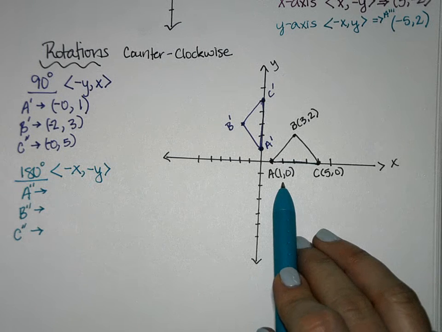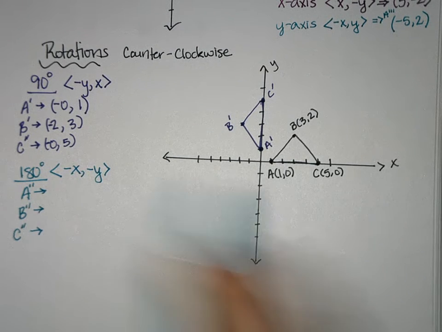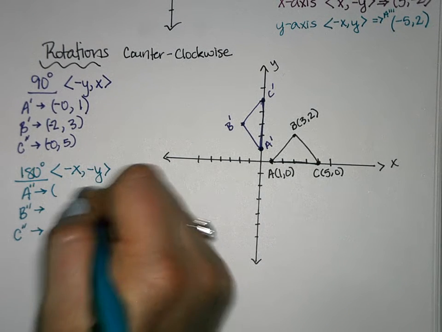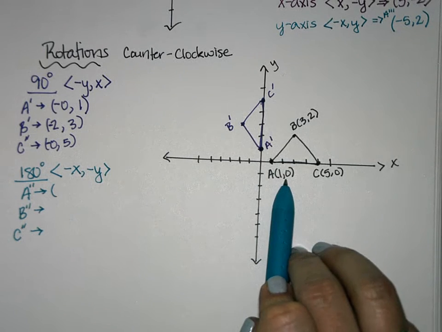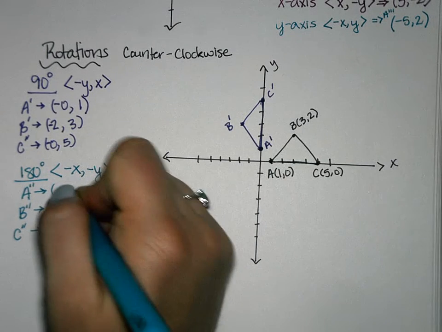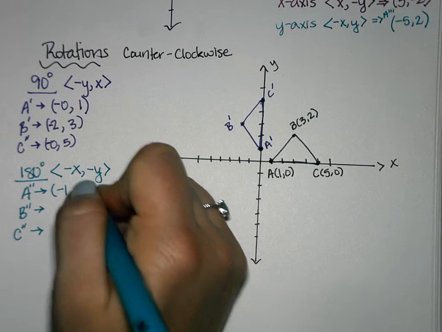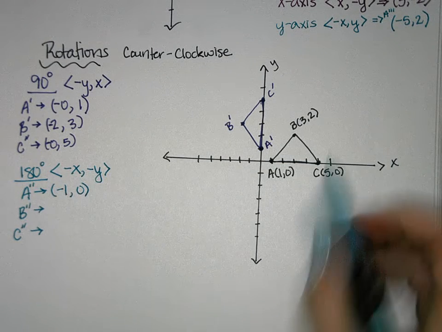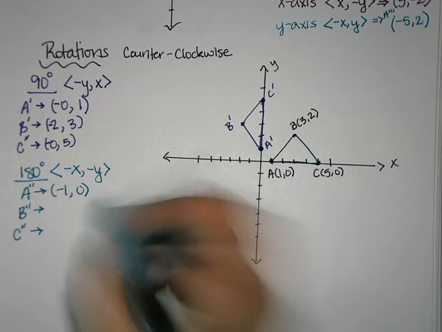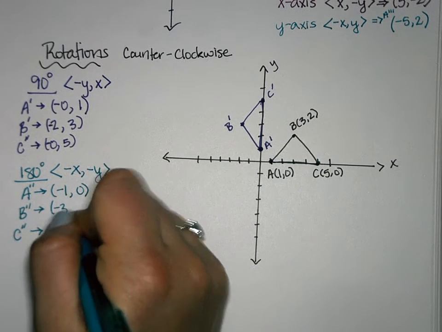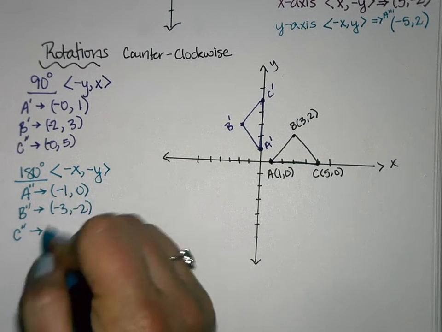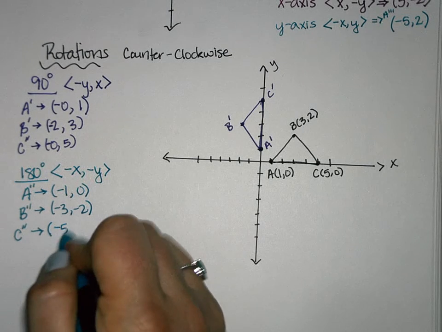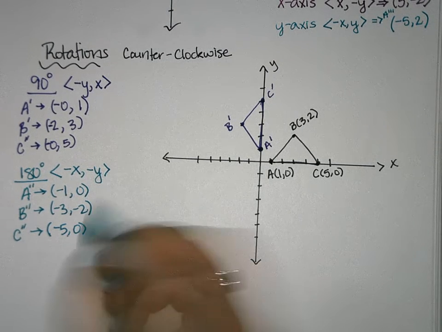If we were to take the opposite of both of those, what would we have? Negative 1, negative 0. But since there's no such thing, I can just write 0. What about B? Negative 3, negative 2. And C? Negative 5, 0, because there's no such thing as negative 0.